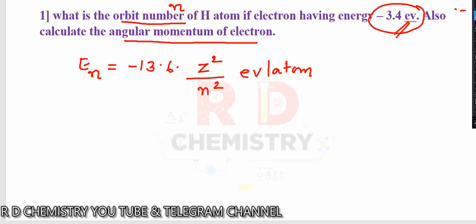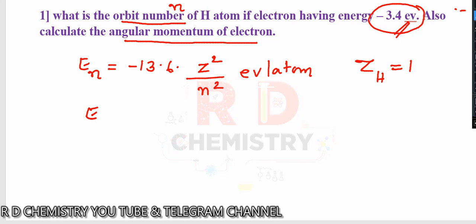Now Z for the hydrogen atom is equal to 1. The electron can be anywhere. It can be in the first shell, second shell, third shell, based on the absorption of energies. It may be in the excited state. We have to find out what the orbit number is for minus 3.4.